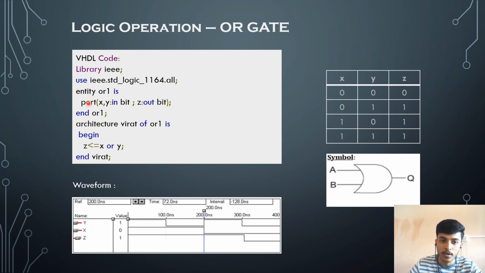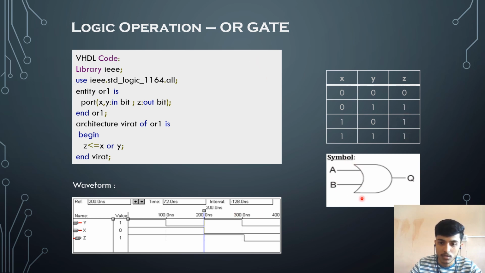Ending this OR entity, again in the architecture I am declaring, beginning, z is equal to x or y, which is nothing but the output of this OR gate. When both inputs are 0 0, I get the output as 0, or else if either of the inputs is 1 or both inputs are 1, I get the output as 1.